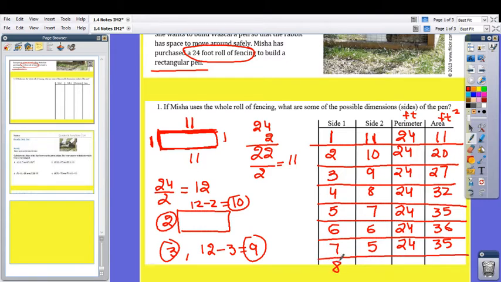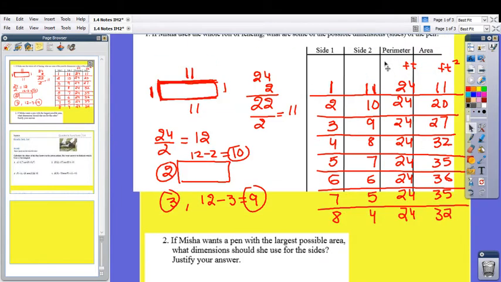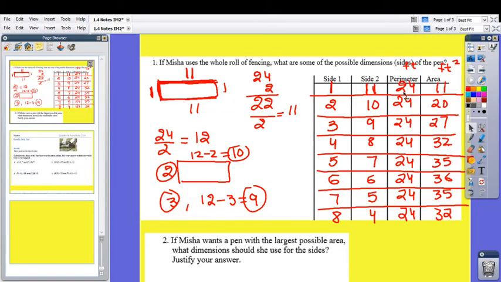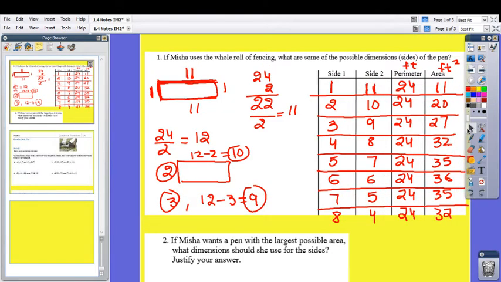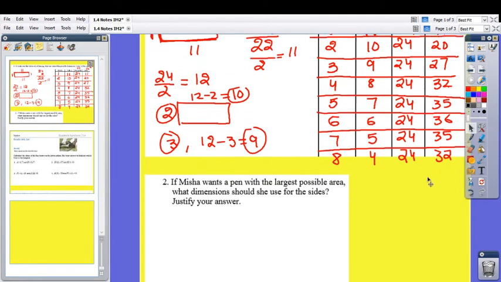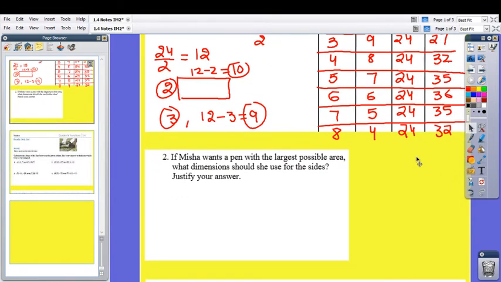So if you do 8, then this will be 4, so 24 and 32. So this is the same as that one. So after this, things start repeating, okay. So now it is asking if Misha wants a pen with the largest possible area, what are the dimensions?